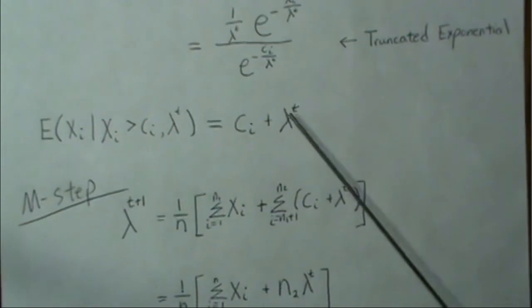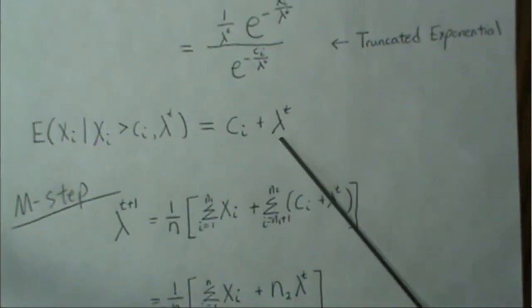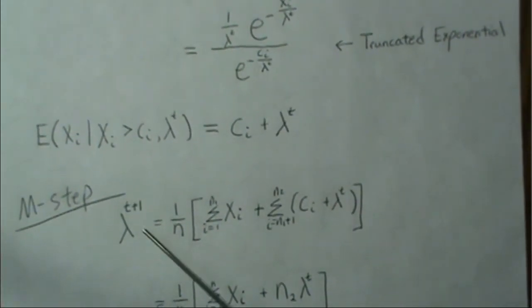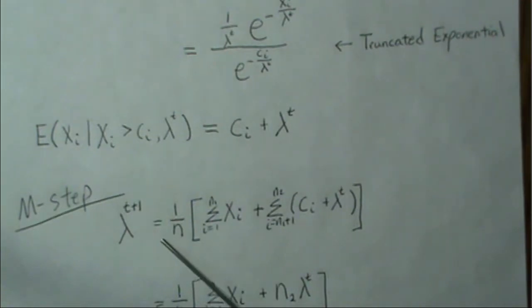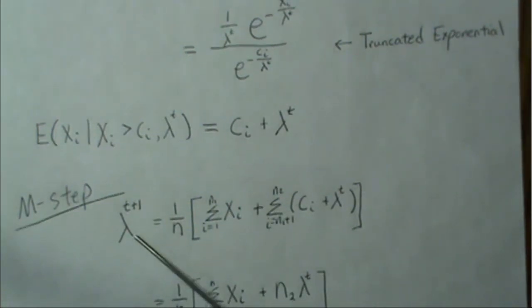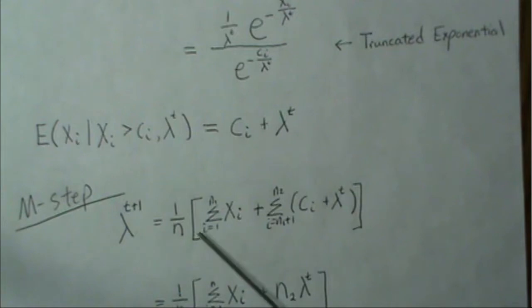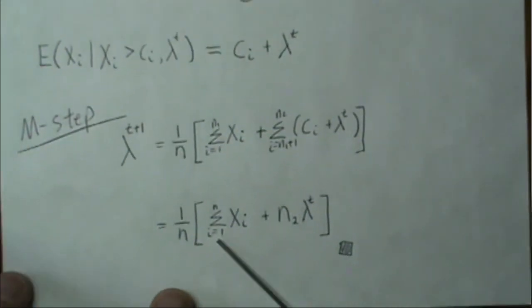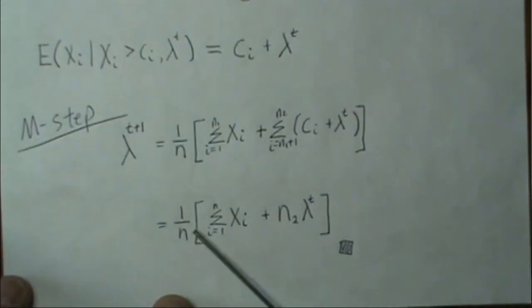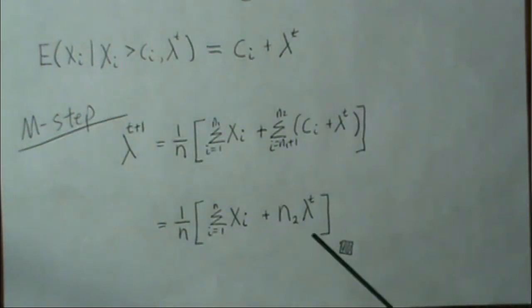It's ci plus 1 over lambda here, and then since we're estimating, we need a new estimate of our lambda, it ends up being n divided by this. It's the reciprocal. Everything is the reciprocal, and that'll make more sense when we do our R illustration.